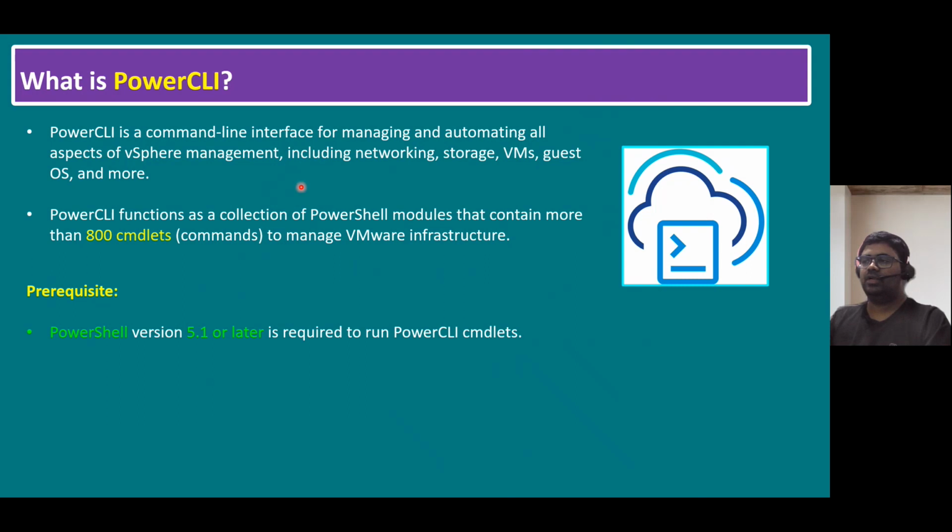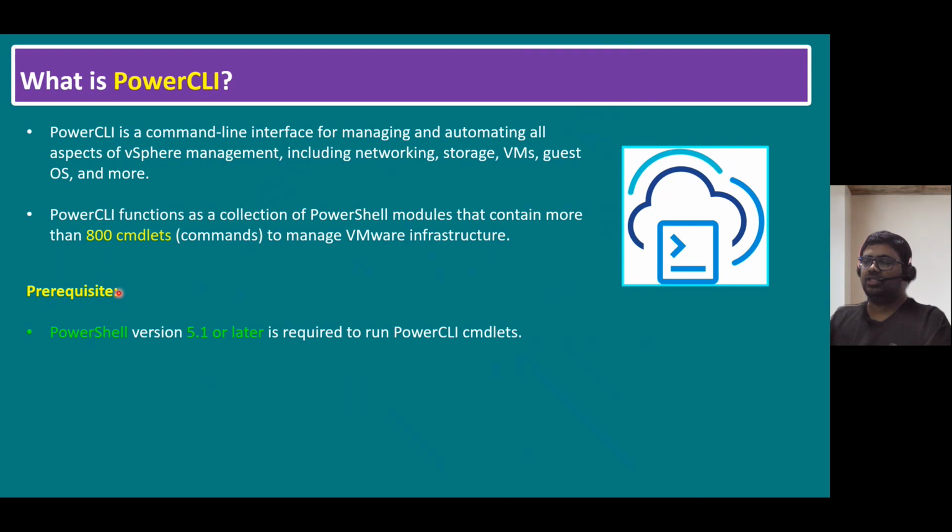Whatever components are available in our vCenter Server, all of them can be managed and automated using PowerCLI. PowerCLI functions as a collection of PowerShell modules. That means if you want to run PowerCLI, we require modules. The PowerShell modules contain more than 800 cmdlets, that means commands to manage VMware infrastructure. This is the key point.